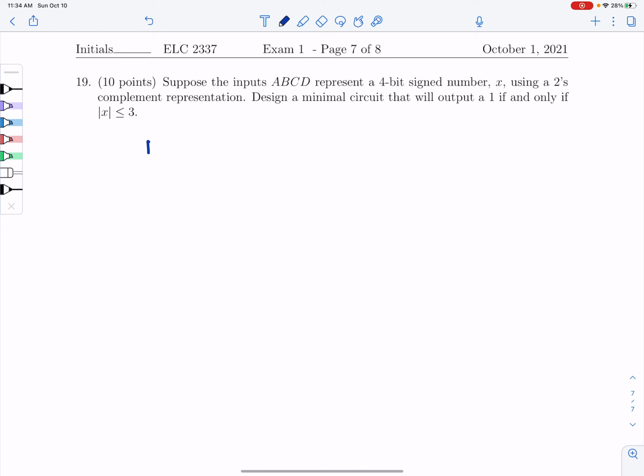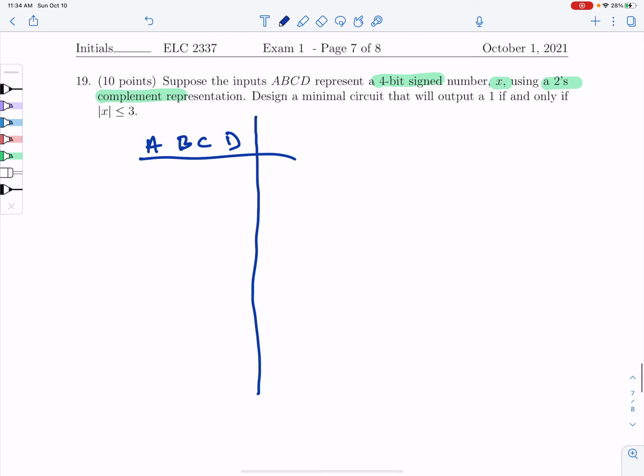The solution of the word problem on exam 1 lies in knowing what it means to represent a 4-bit number x using 2's complement. What we know is that the positive numbers are pretty easy, so we could list the positive numbers.